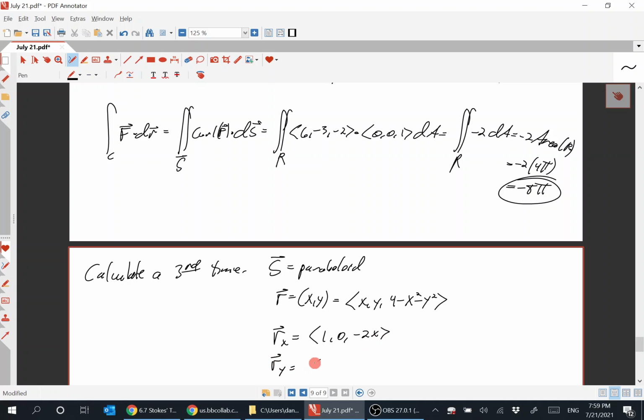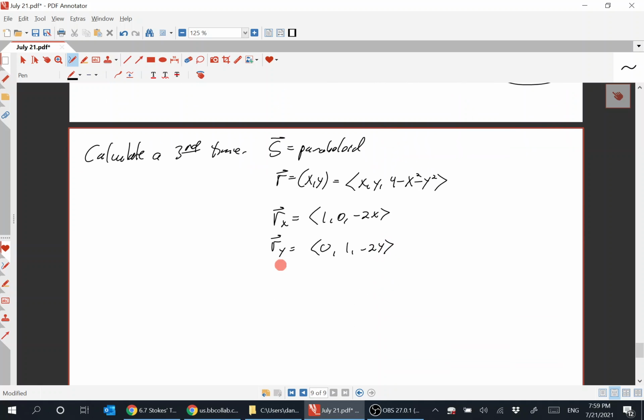The partial derivative of r with respect to y is 0, 1, minus 2y. r_x cross r_y, with i, j, k, 1, 0, minus 2x, 0, 1, minus 2y, is equal to, so 2x in the x component. Oh, and the domain for x and y is again that circle of radius 2. It's the shadow cast by the surface in the xy plane, which is again just that disk.